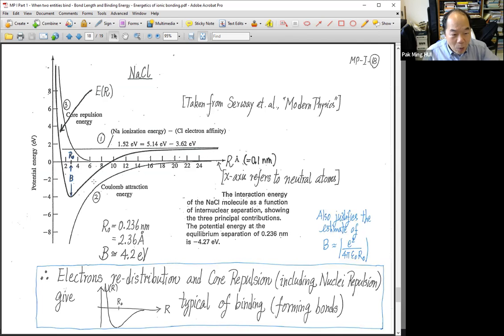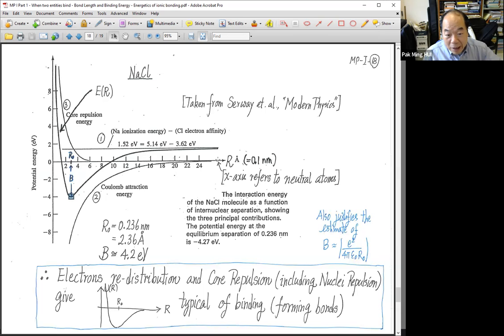Once you have this, life is good to us. There's a minimum. You can read out the equilibrium separation, the bond length. And more, you can read out the minimum energy and the zero curve.